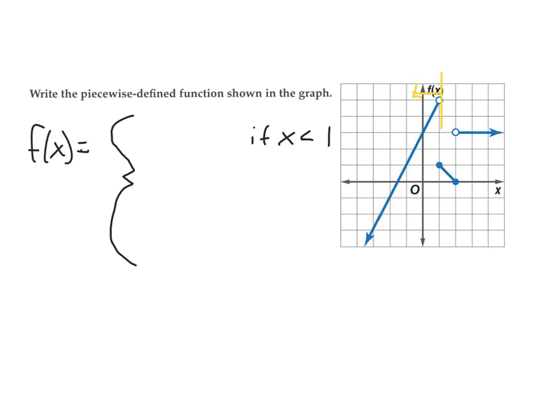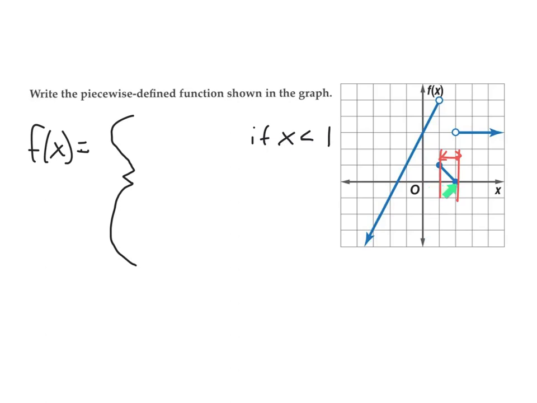All right? Now let's focus on the next boundary. What is my inequality going to be for this? What's the left boundary? X is greater than 1. And what's the right boundary? 2. So my left boundary here is 1.